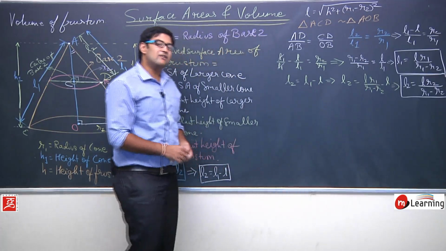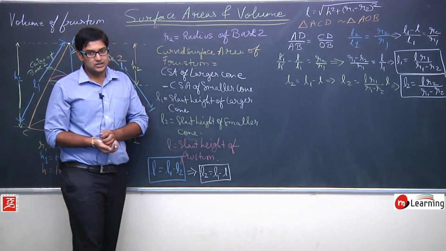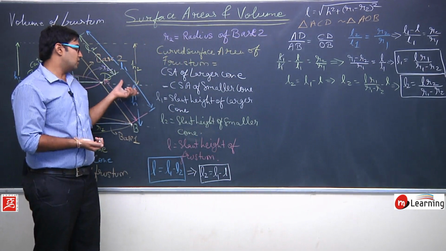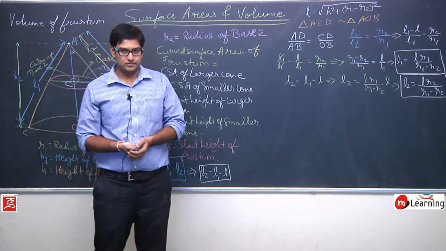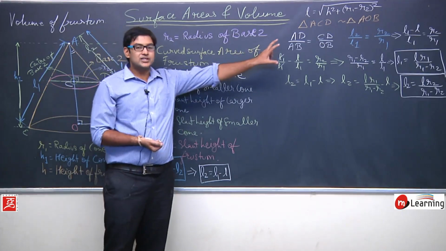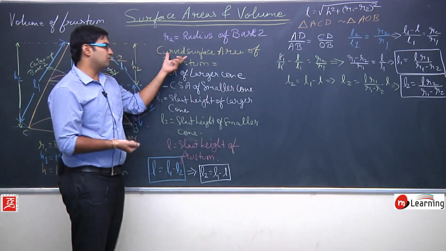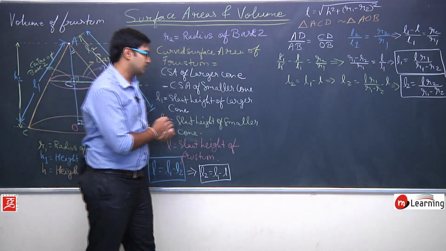So we have the values of the slant heights in terms of the slant height of the frustum and the radii of the frustum. Now we use these L1 and L2 to define the curved surface area of the frustum.